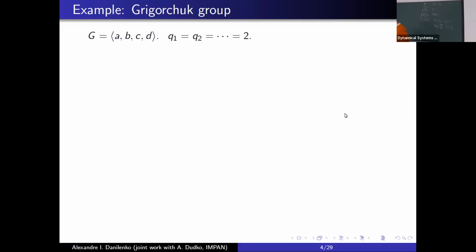An example is the famous Grigorchuk group. In the case of the Grigorchuk group, all q1, q2, and so on are equal to 2. And the group is generated by several generators. It's finitely generated: a, b, c, d. We consider 4 generators.